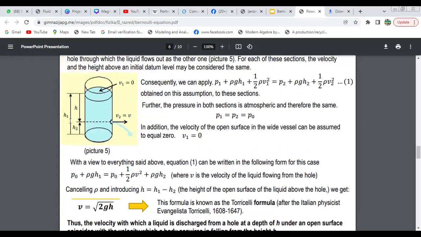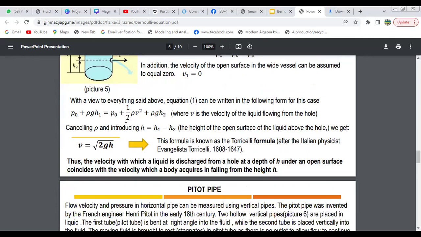So S equals what? S2 minus S1. Here in the upper surface, velocity is 0, but here velocity equals B.